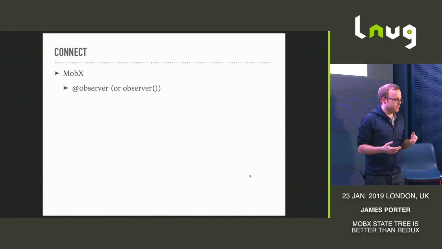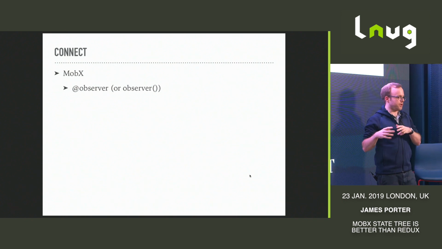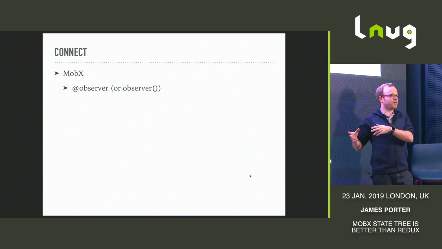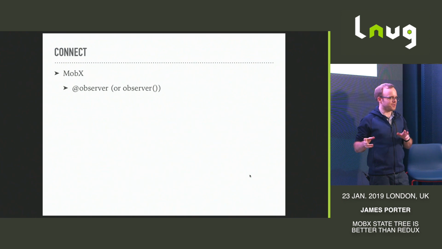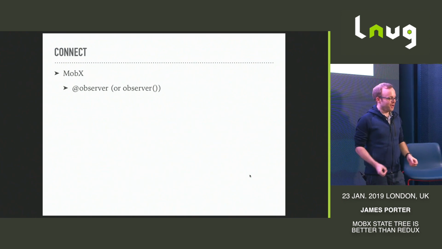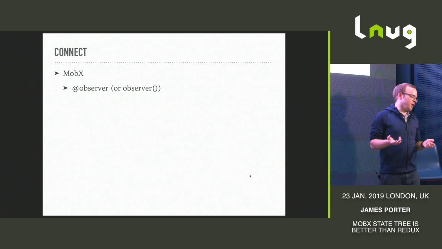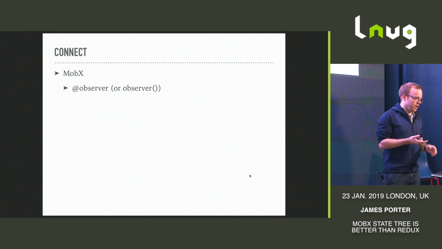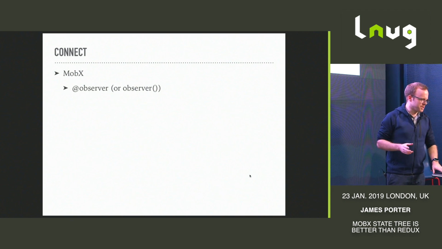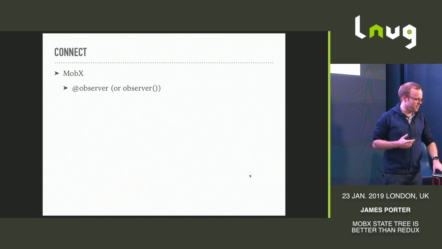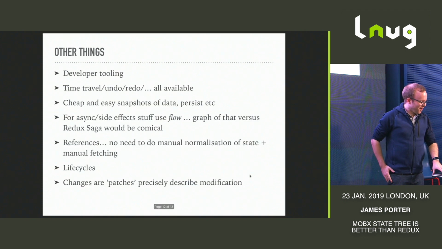To connect it to your React application, I assume other front-end frameworks, I haven't used it in that context, I'm not actually sure if it works there, use the @observer annotation from MobX, or you can use a function form of that. It's fairly simple. It is a bit easy to forget to do that. I mean, I did that, certainly.